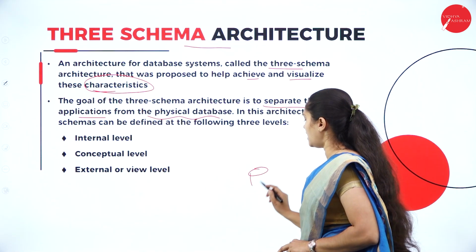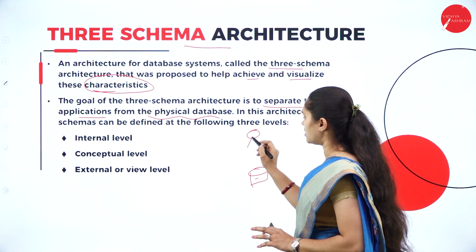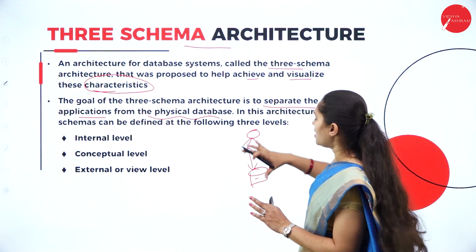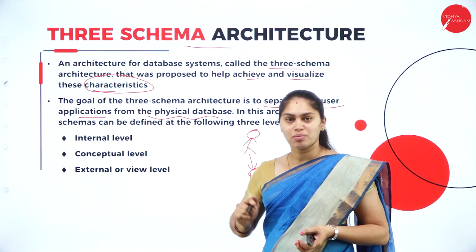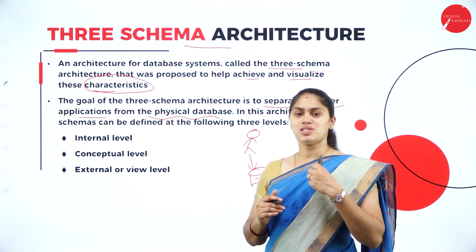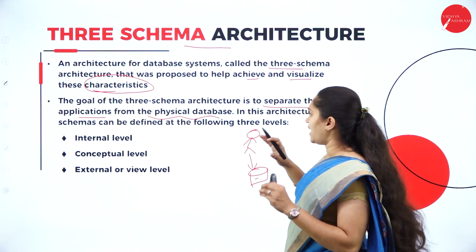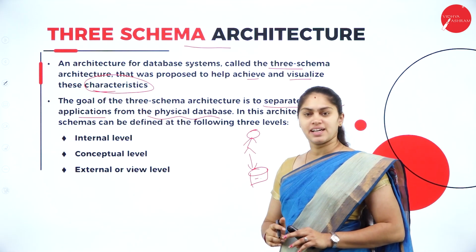So we have certain data here. Data are stored in a database, and as an end user, there should not be any direct communication between the actual data and the end user. If you want to establish data abstraction, there must be several levels, so that the data is separate from the user application and the physical database.